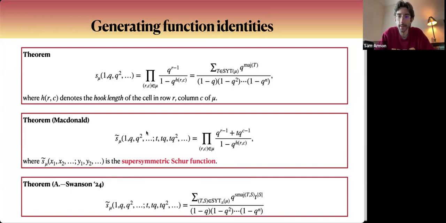We showed that the same specialization of the super Schur function can be written as a sum over super standard tableaux using our new super major index statistic, plus a factor of t.